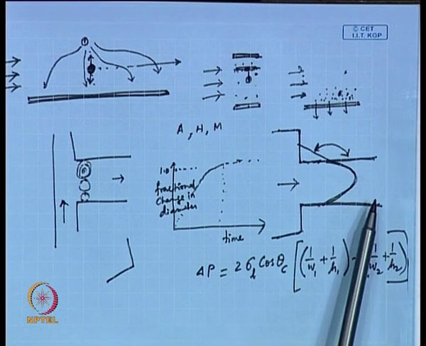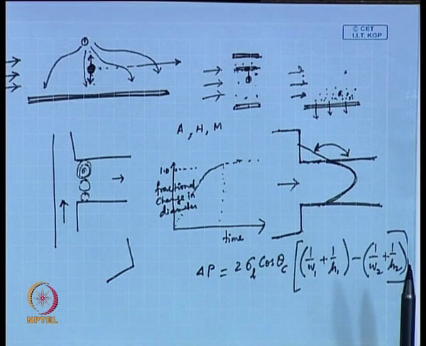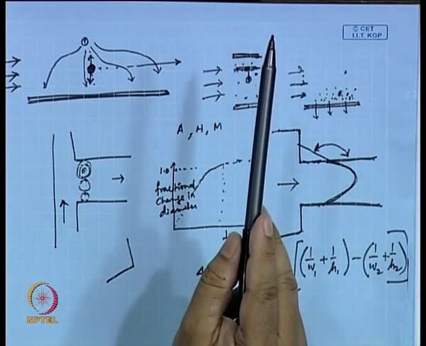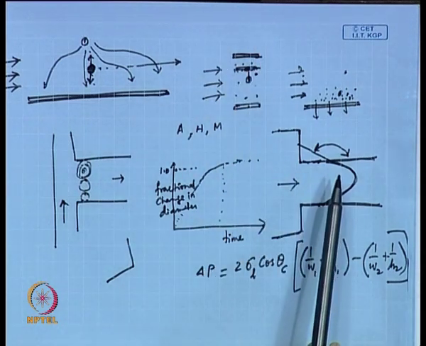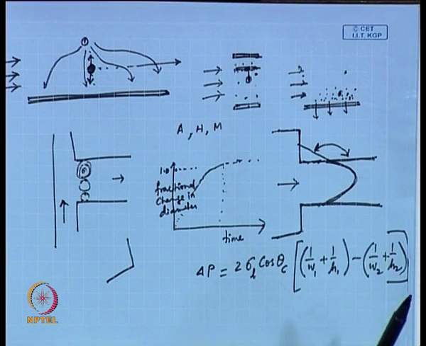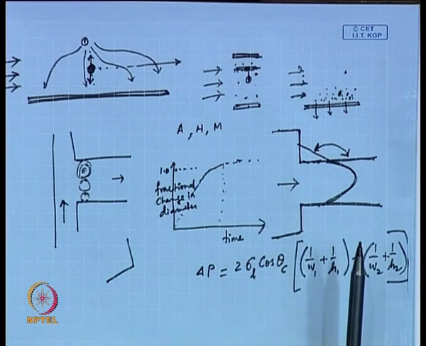If you have a parallel branch, the flow will go there, but it will never enter through this one. A similar concept can be used for flow splitting. So, this is one way you can play with the hydrophobic layer to accomplish the valve action.